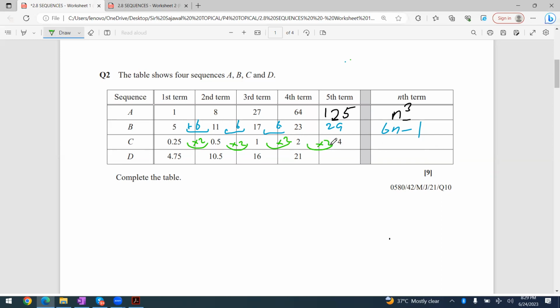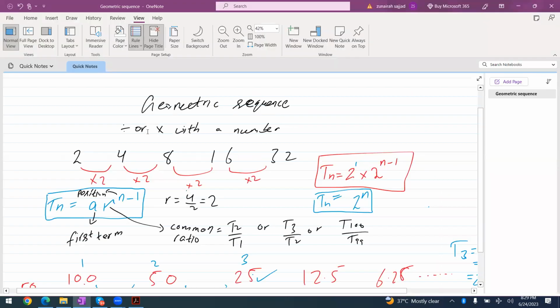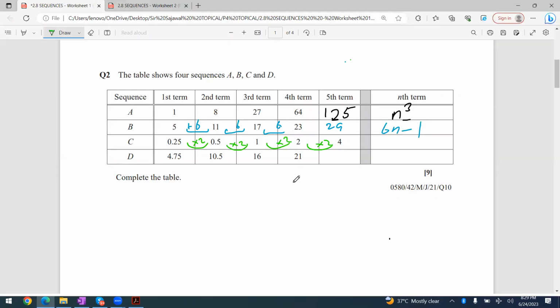So this is a geometric sequence, right? Where a constant term is multiplied or divided with a number. So the general formula will be A R raised to power n minus 1. A is 0.25, first term.